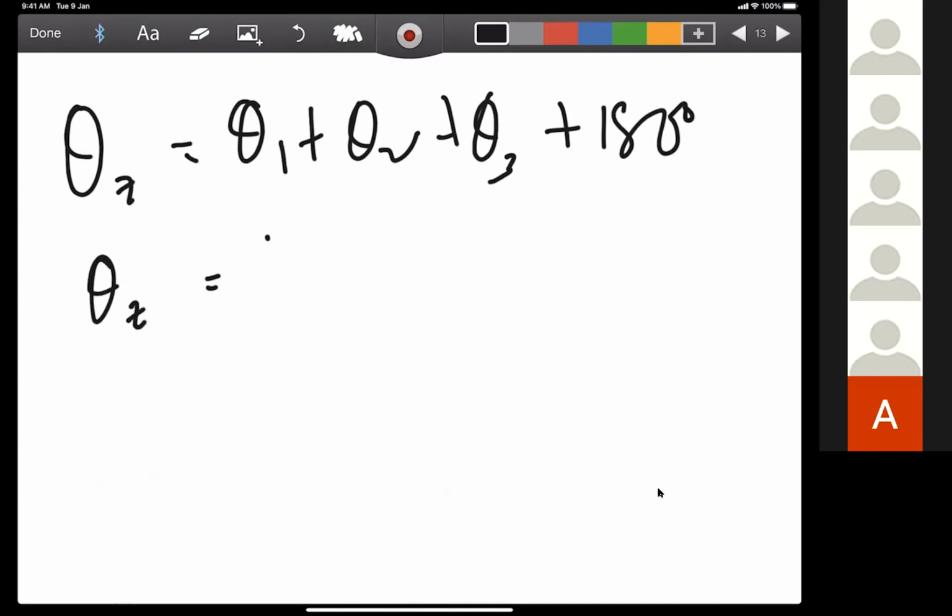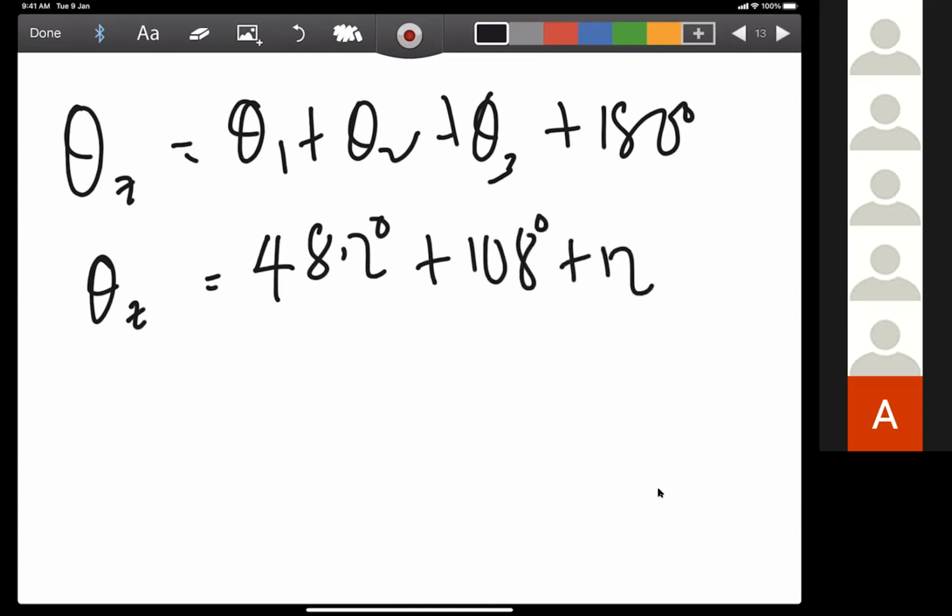So theta 1 using arctangent is 48.2 degrees plus 108 degrees plus 120.8 degrees. Okay. So you will get theta z roughly about 97 degrees.